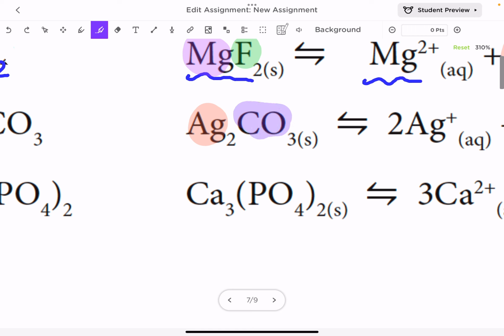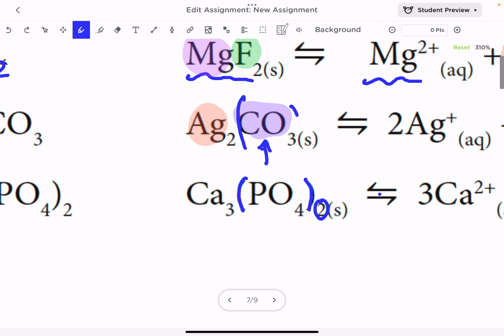Now, if we are dealing with a polyatomic ion that has a subscript, meaning there will be some stoichiometric coefficient, you will see this polyatomic ion written in parentheses. Here, the CO3 is not written between parentheses. This means that we have one CO3.